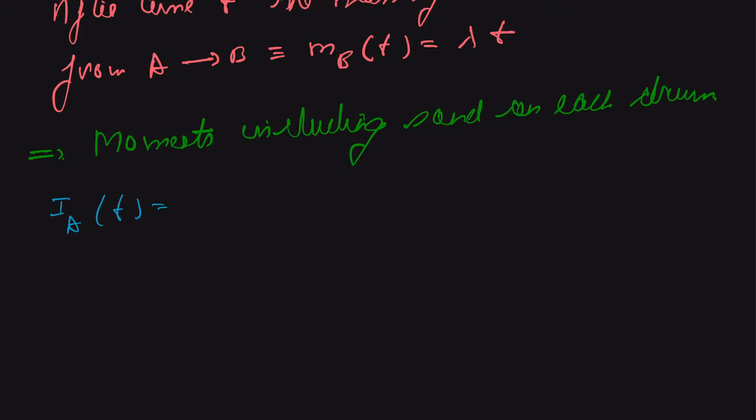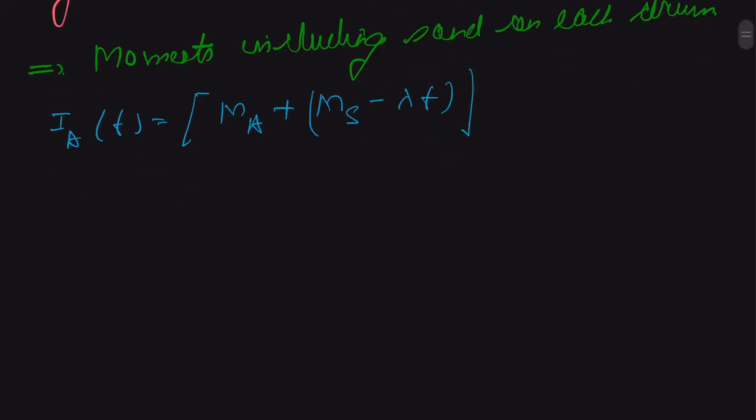IA of t will be equal to the original mass of our A plus the original mass of the sand, minus the sand which has moved from A.